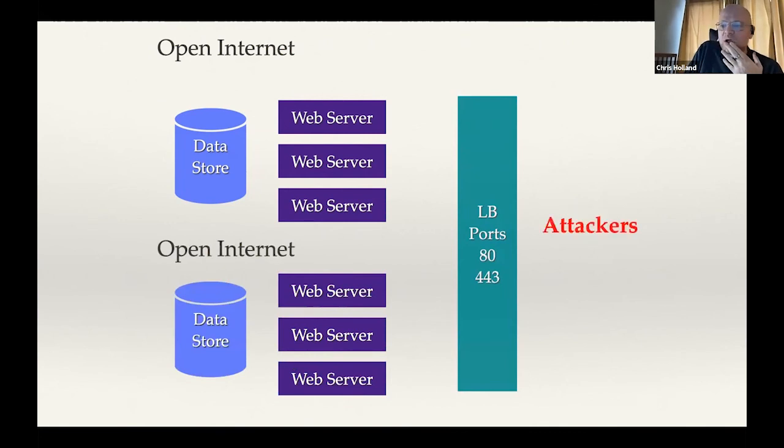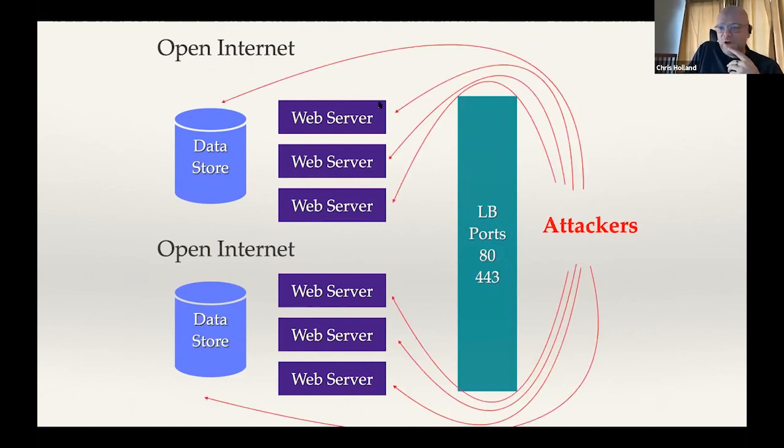Right. So attackers now look at your load balancer and they're like, well, that's a cool load balancer, bro. And they're going to go around it, and they're going to start attacking all your web servers through low-level hacks and high-level hacks, and they're going to start attacking your data stores through all those vectors as well, right? So that's why it's always dangerous to put all those things on open internet networks.